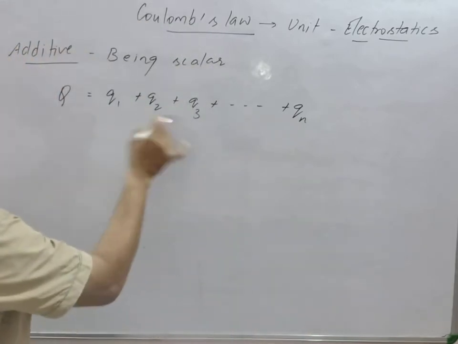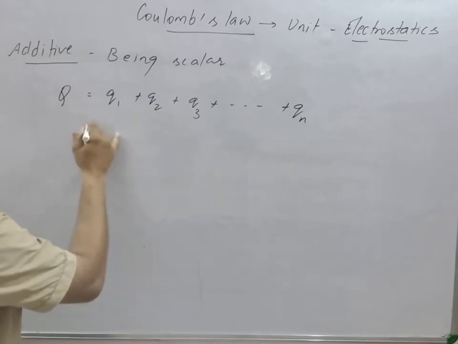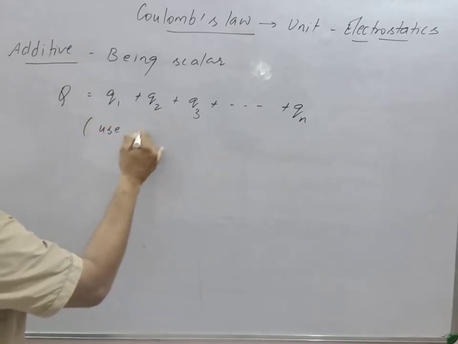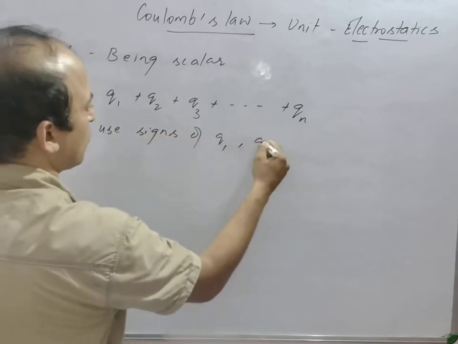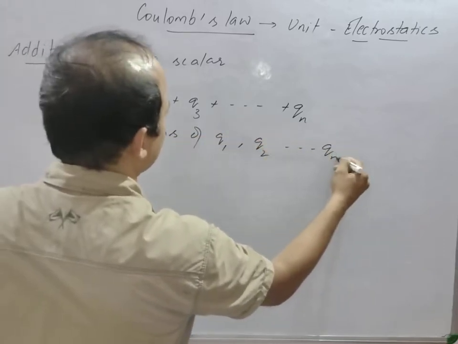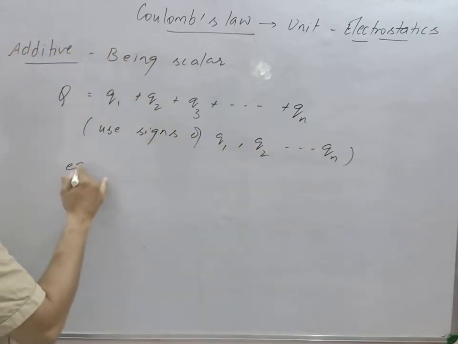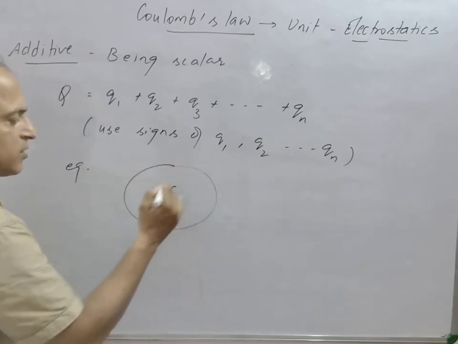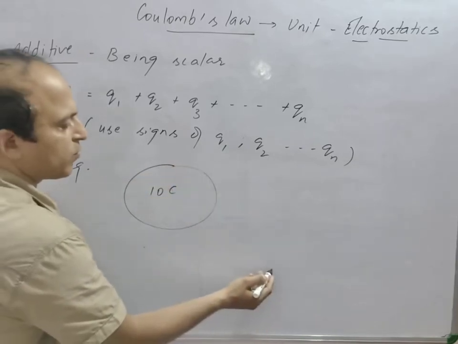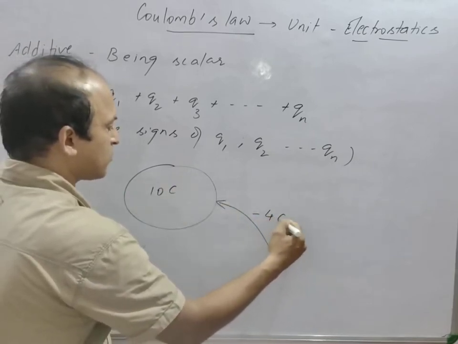Remember that since you are performing a summation of a scalar quantity, we have to use the signs of q1, q2 and so on up to qn. You have to place all the charges with sign. For example, suppose there is an object which was initially having 10 coulombs of charge. Now you provide some more charge to it, and this time we are giving it minus 4 coulombs.